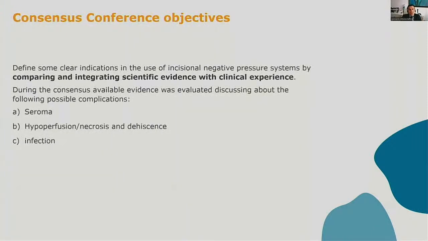The consensus conference objectives are to define some clear indications in the use of incisional negative pressure systems by comparing and integrating scientific evidence with clinical experience. During the consensus, available evidence was evaluated in discussing the following possible complications related to breast surgery, such as seroma, hypoperfusion, necrosis and dehiscence of the wound, and infection.